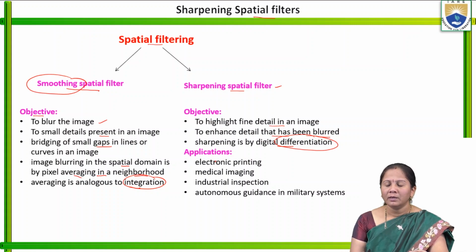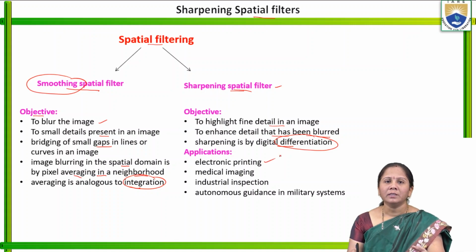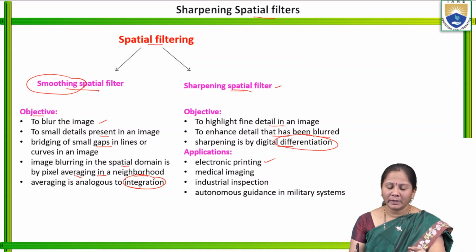In which applications can sharpening spatial filters be used? In applications like electronic printing, medical imaging, industrial inspection, and autonomous guidance in military systems.